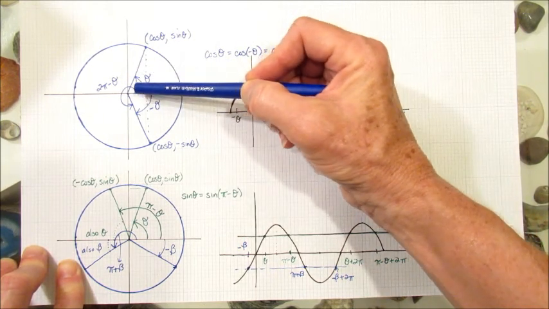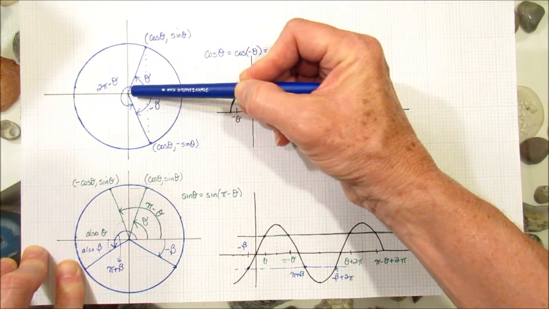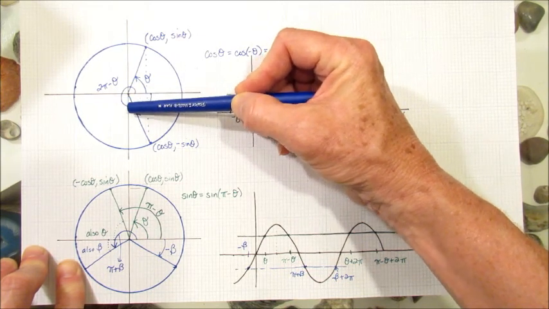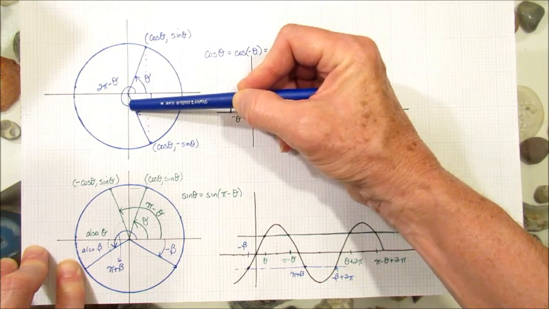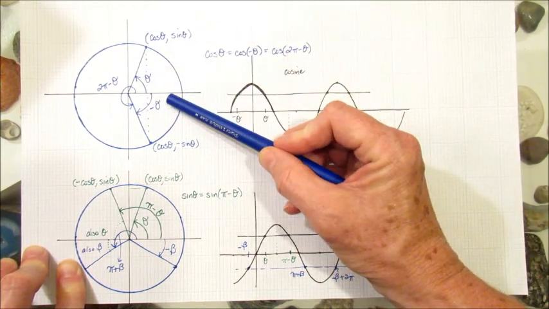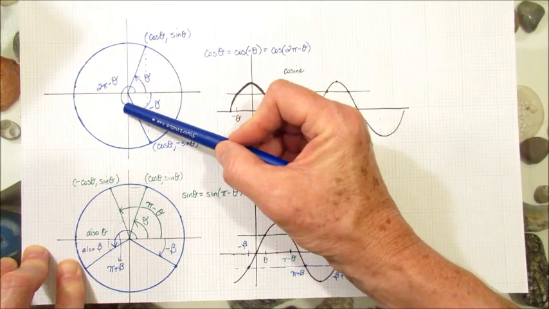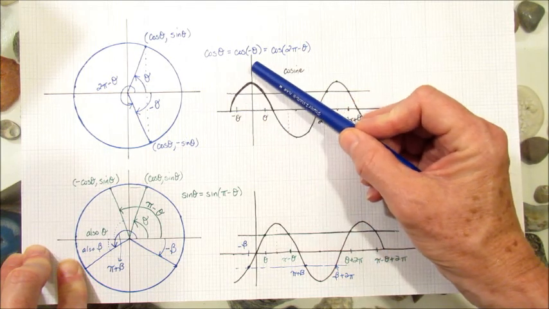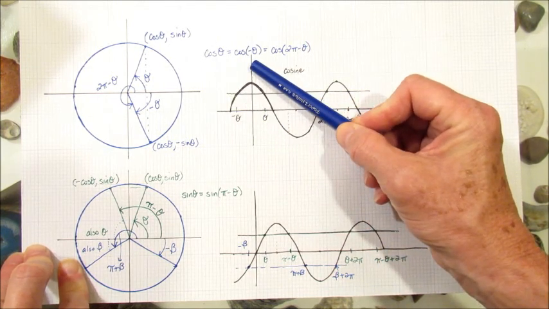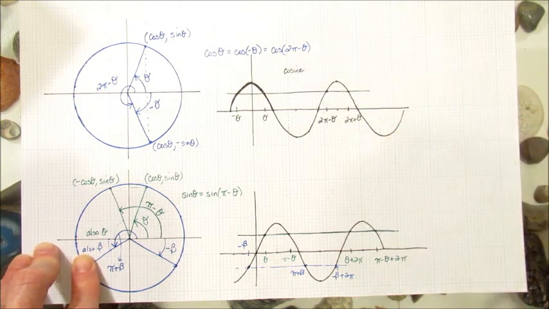It also turns out that if you looked at this location as almost a full rotation, so 2 pi is a full rotation, but then you're stopping short this size angle, then that angle would be 2 pi minus theta. And so cosine of theta gives you the same value as cosine of negative theta, and the same value as cosine of 2 pi minus theta.